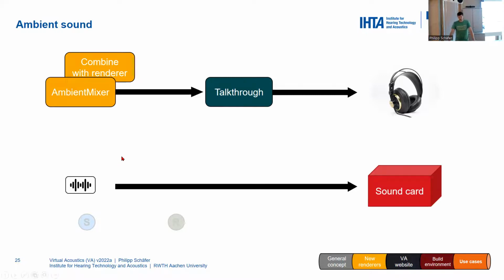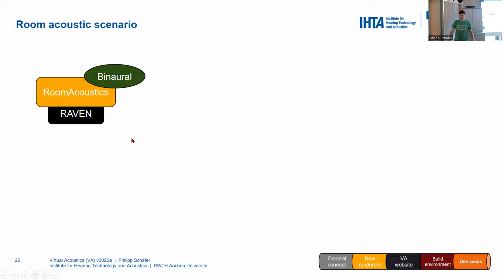Okay. So I already showed in the beginning the example of the room acoustics. There's a renderer for that, which is quite new, called Room Acoustics. Currently, it's bound to a binaural processing, and this works with Raven, our room acoustic simulation software.